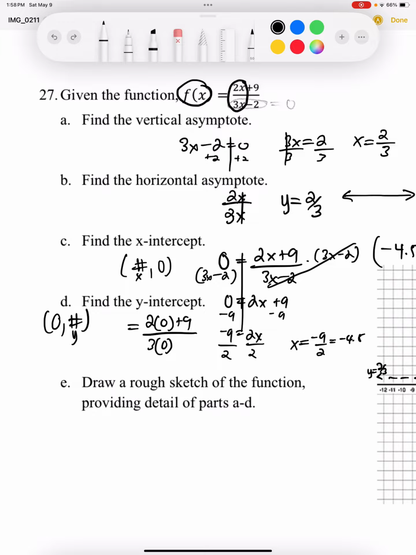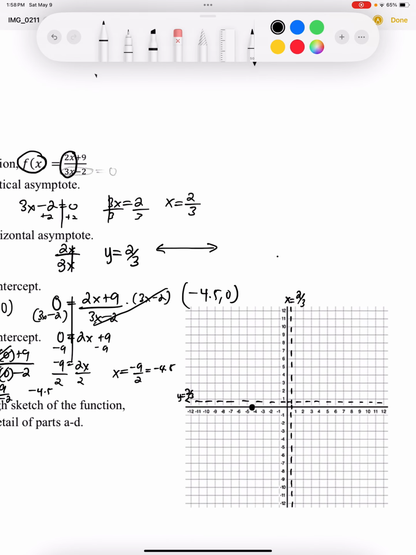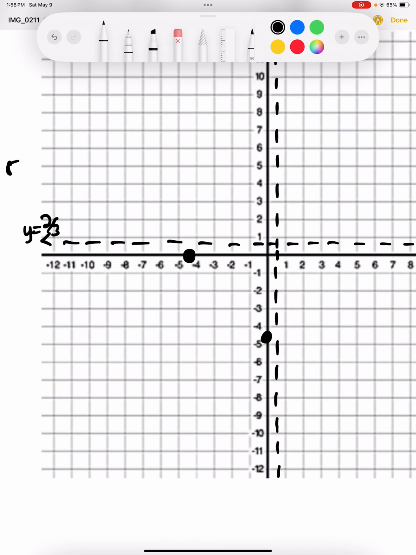I did that one wrong because it is a minus 2. This is going to go to 0, 2 times 0, 3 times 0. So the answer is 9 divided by negative 2, which is also negative 4.5. That is funny. So 0 comma negative 4.5. That would be right here.